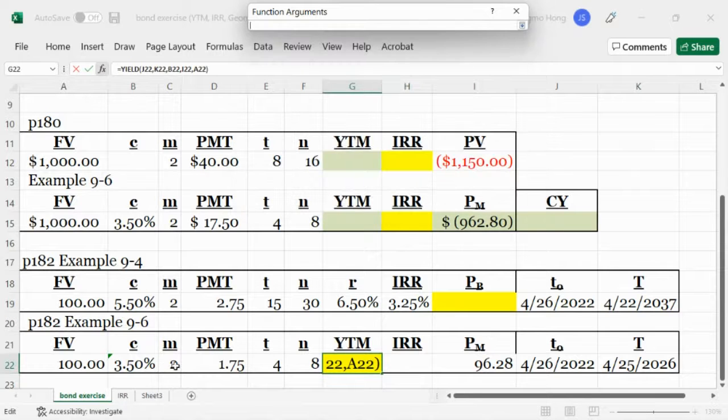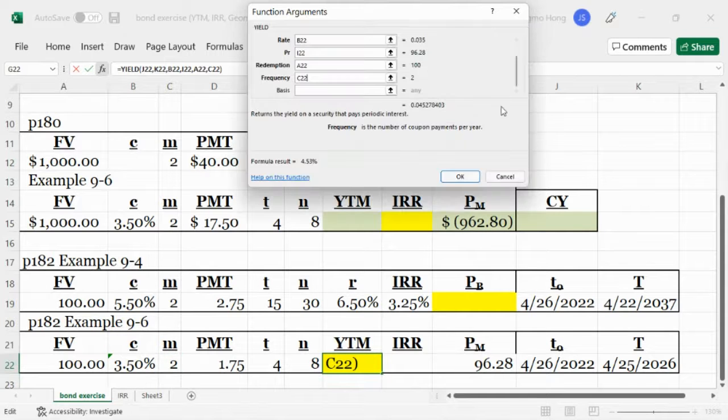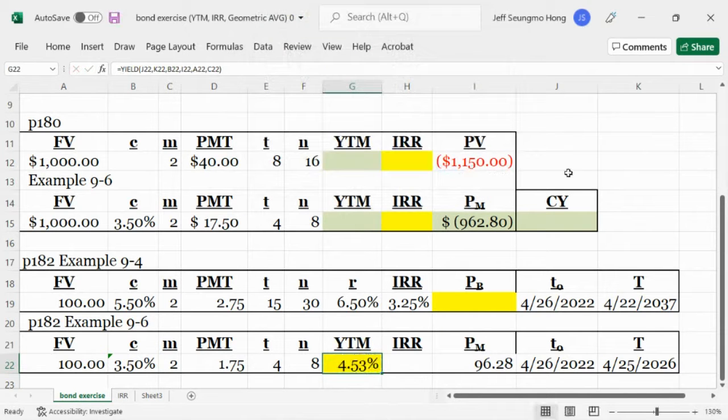Frequency, the bond frequency is always 2. Bond is on semi-annual cycle. So as you enter that, we got something here already. So you hit OK. Voila, you got 4.53%. That means this is the discount rate.